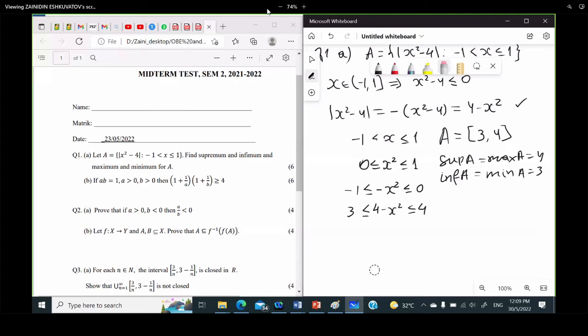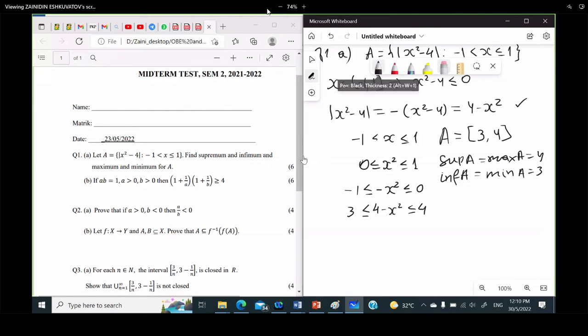So you see, some of the students draw the graph and show the 3, 4. Some of them wrongly shown, but actually this is a proper one. Of course, I have given certain mark. So that's why, since it is a closed interval, very easy to find supremum and infimum and minimum. Okay, done. This A is done.